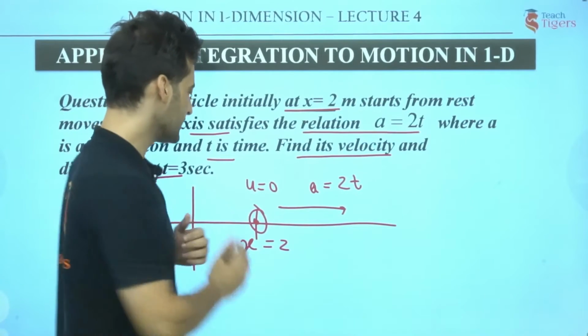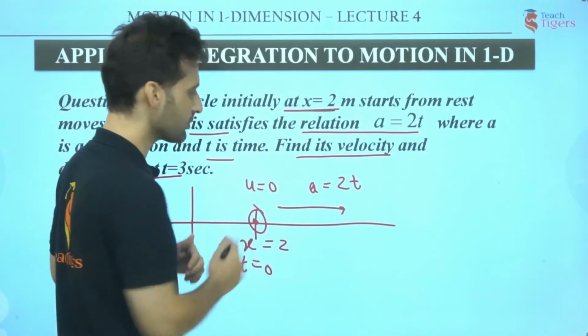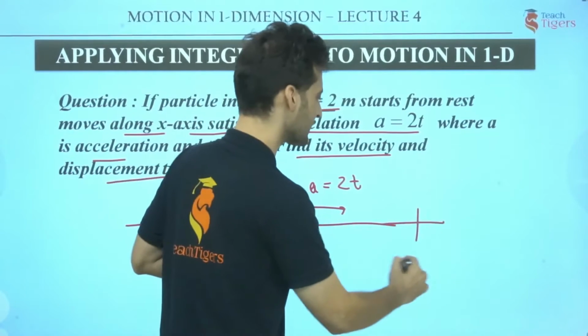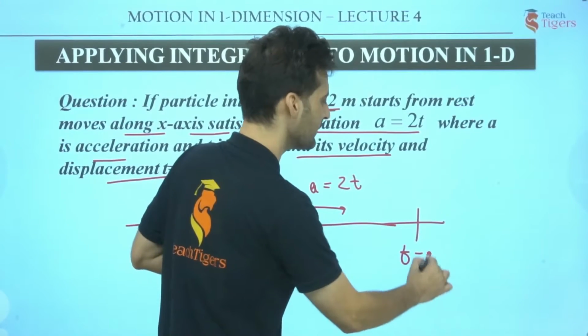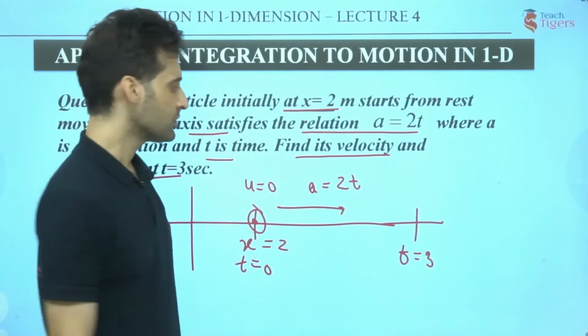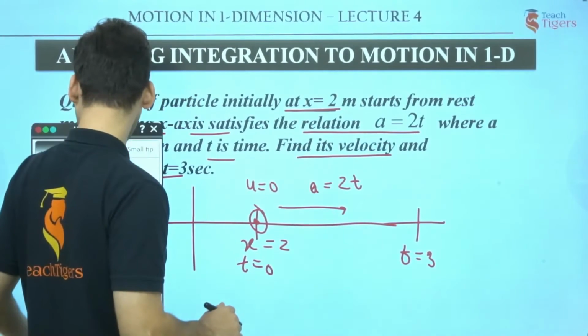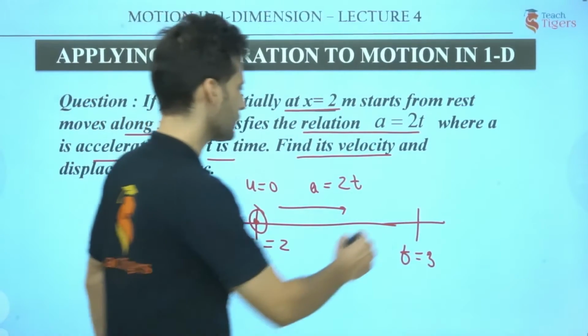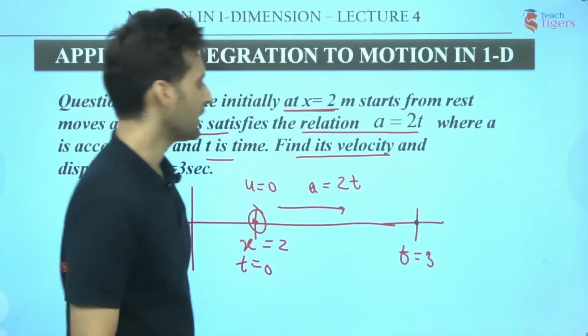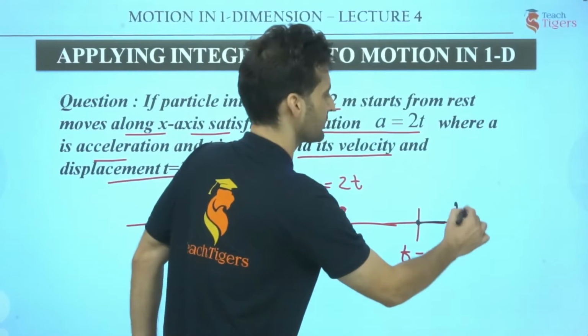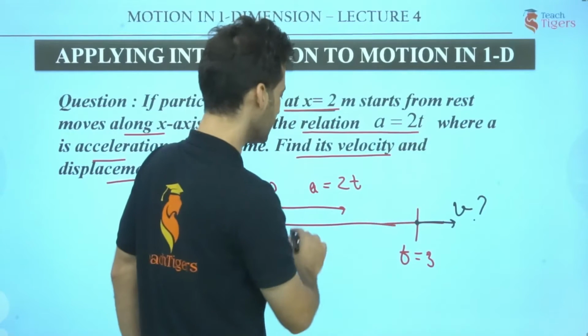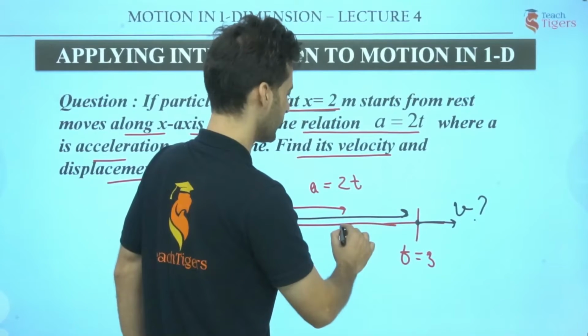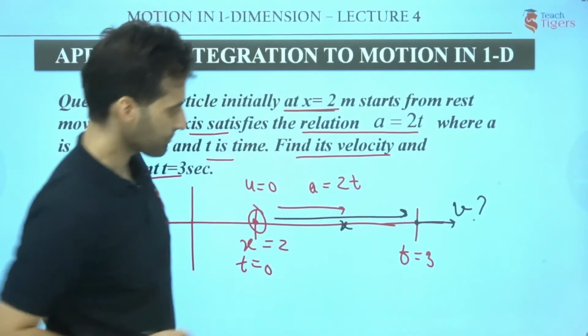See, at t equals 0 it started from here. Let's say at t equals 3 seconds it might have reached somewhere. So you need to calculate two things: its displacement till this point and its velocity at this point. Find the velocity and also this displacement. Let's call it x only.